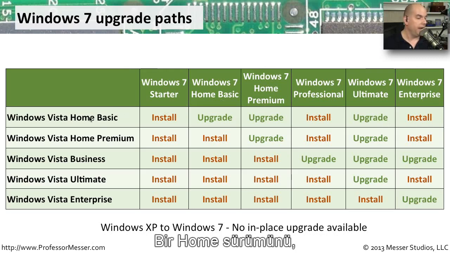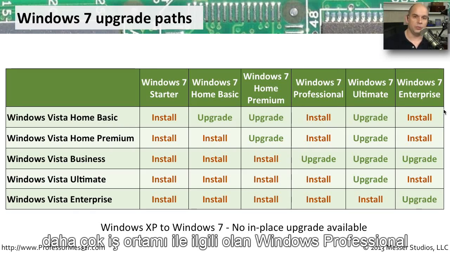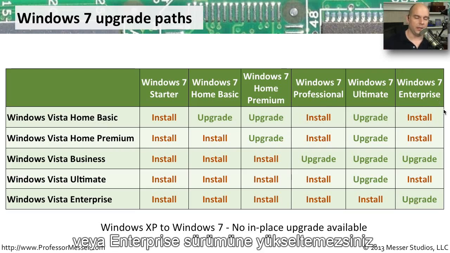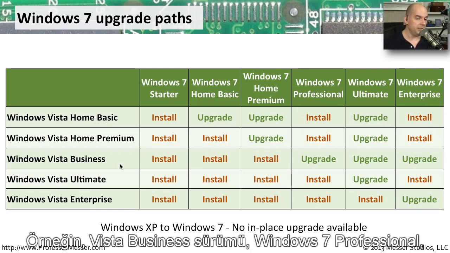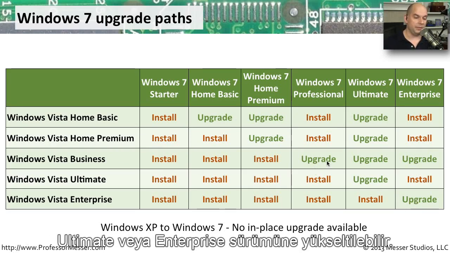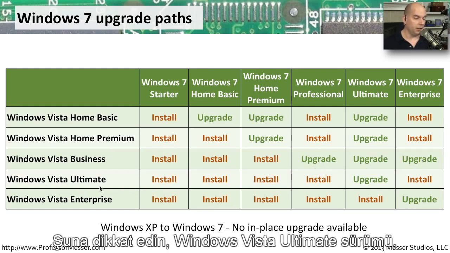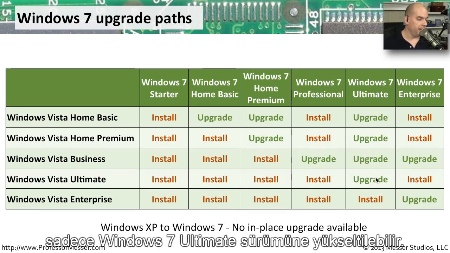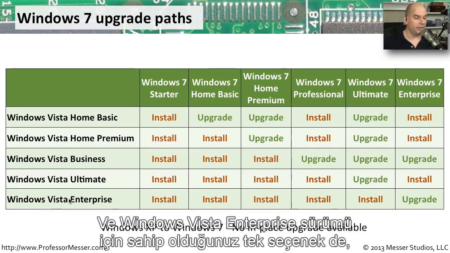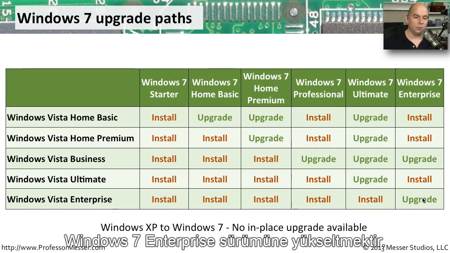You can't upgrade a home version to the Windows 7 Professional or Enterprise versions, which tend to be the more business-related versions. Vista Business, for instance, can be upgraded to Windows 7 Professional, Ultimate, or Enterprise. Notice that Windows Vista Ultimate can only be upgraded to Windows 7 Ultimate. And the only option you have for Windows Vista Enterprise is to upgrade to Windows 7 Enterprise as well.